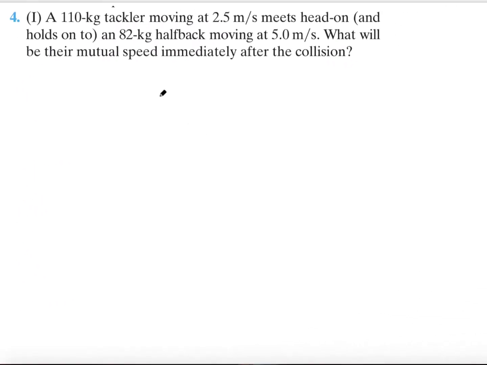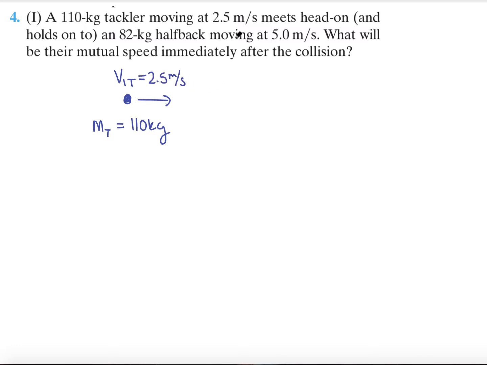For question number 4, we have a football question, American football if you're curious, where we have a 110 kilogram tackler. So we'll just say mass of the tackler is 110 kilograms, moving at a speed of 2.5 meters per second. So V1 of the tackler is 2.5 meters per second.